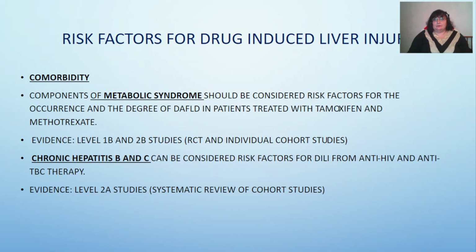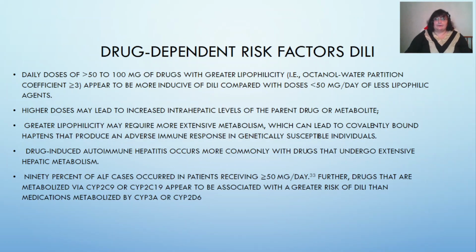Components of metabolic syndrome should be considered risk factors for the occurrence and the degree of hepatotoxicity in patients treated with tamoxifen and methotrexate. Evidence level 1B and 2B studies, RCT, and individual cohort studies. Chronic hepatitis B and C can be considered risk factors for DILI from anti-HIV and anti-tuberculosis therapy. Evidence level 2A, systematic review of cohort studies.